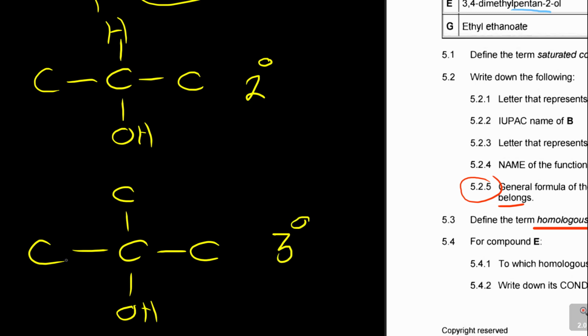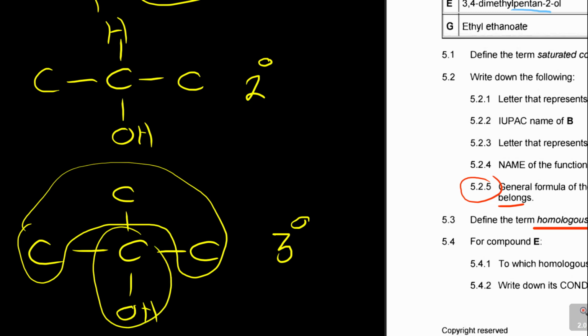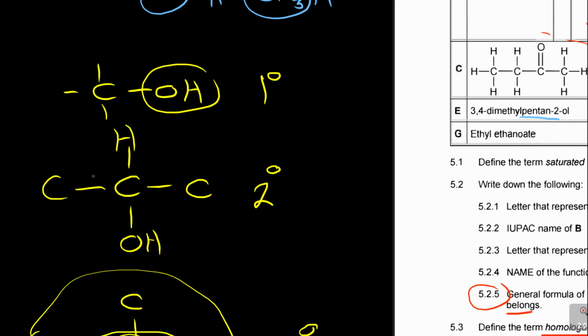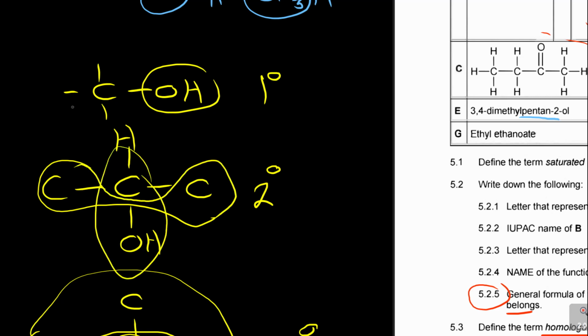You see, 3 carbons surrounding the main guy. Here, 2 carbons surrounding the main guy, and then here only there is H, and then C. So it will be 1 carbon.